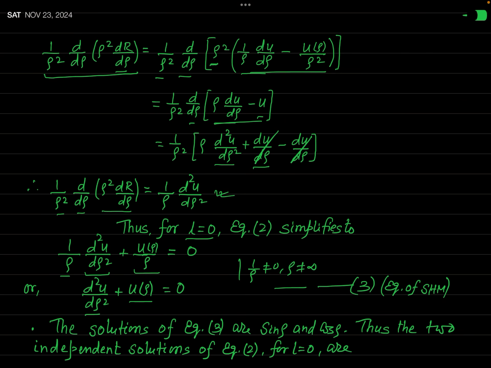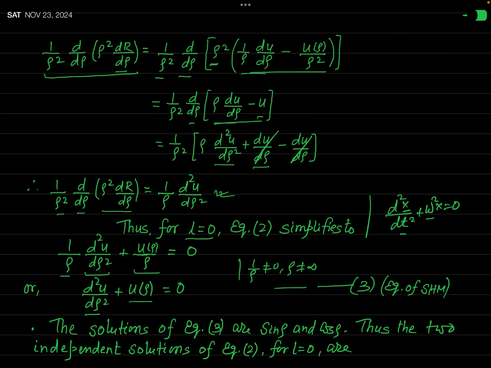Now see the form of this equation. Can you remember that this standard differential equation in physics comes at several places? This is simply the equation of SHM, because if you talk about the linear SHM, you write the equation in this form: d2x by dt square plus omega square x equal to 0. Here the quantity x is oscillating with angular frequency omega, and this oscillation is in terms of time.